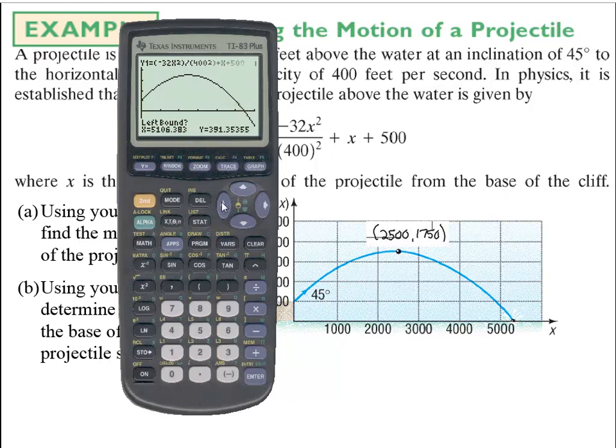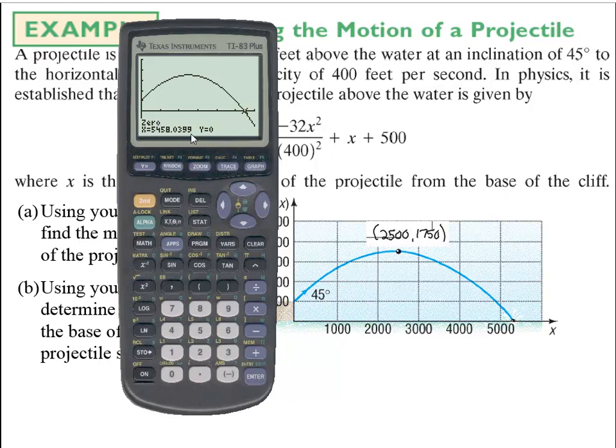So I'm going to click the left arrow and move to the left of the x-intercept and say there's the left bound. And then it wants a right bound. So this is why I needed to see below the axis. So I'm going to click to the right a couple times to see below and give a right bound. Then it wants a guess, so I'm just going to hit enter, and then there's my x-intercept.